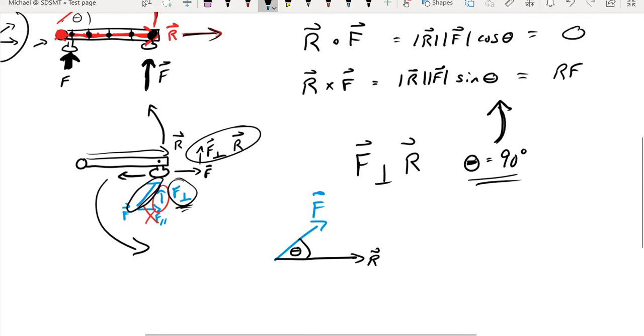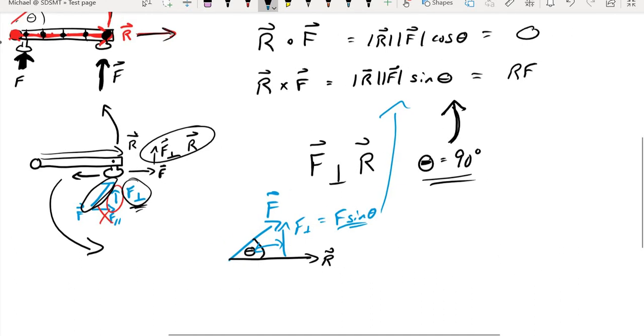We said that only the perpendicular component of force will actually contribute to the rotation. Well, as it turns out, that perpendicular component uses the sine relationship of the angle, and so that's where we get the sine evaluation of the cross product.